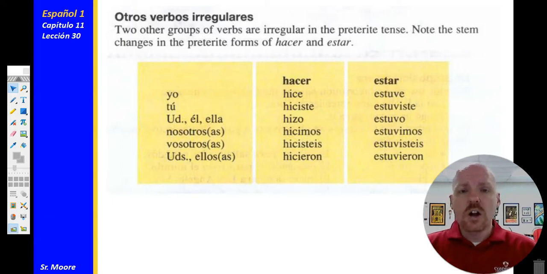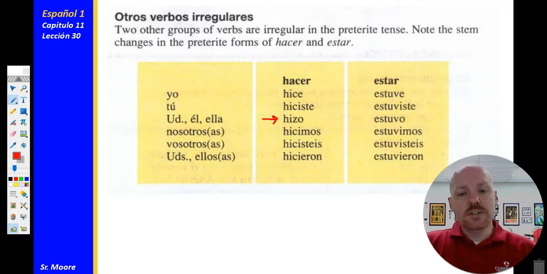For hacer, we call the verbs that get conjugated like hacer our I group stem changers in the preterite. Hacer is conjugated hice, hiciste, hizo, hicimos, and hicieron. Do you notice the C to Z change there in the third person singular?